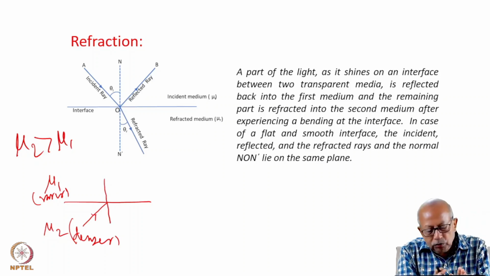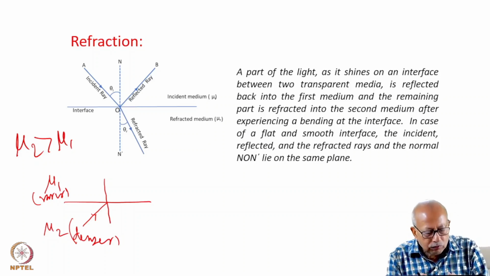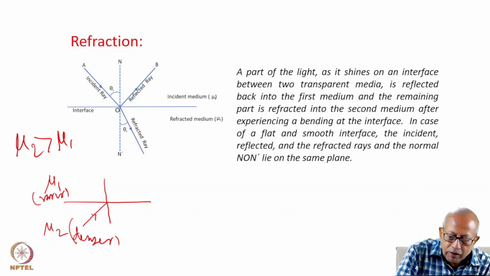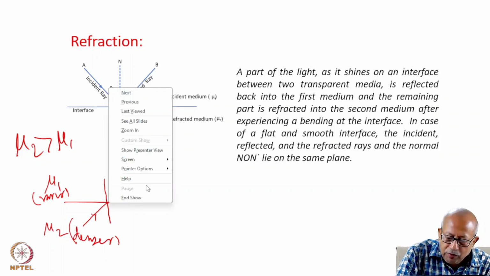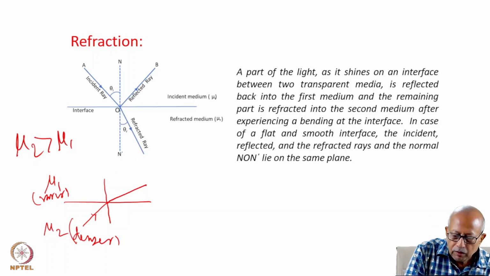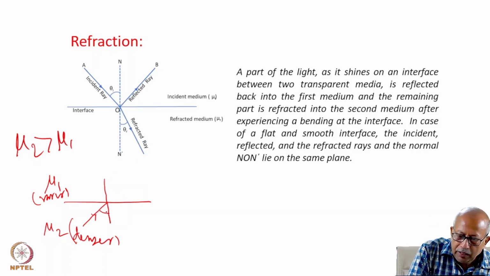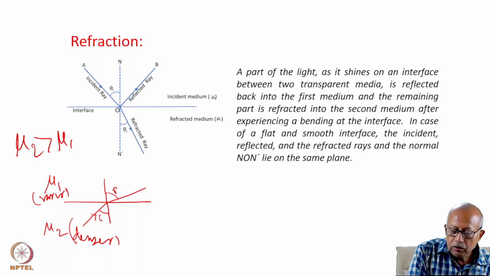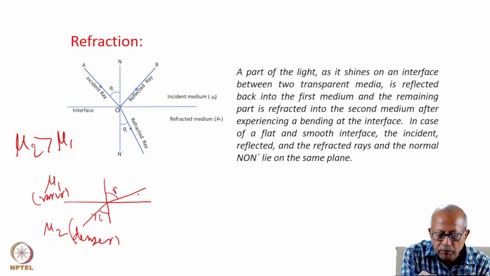And first let us just assume mu2 and mu1, not bothering about which is denser, which is rarer. So after this refraction, let us assume light bends away from the normal. Let us assume that the angle of incidence is I, and the angle of refraction is R. So it has bent away from the normal after the refraction.